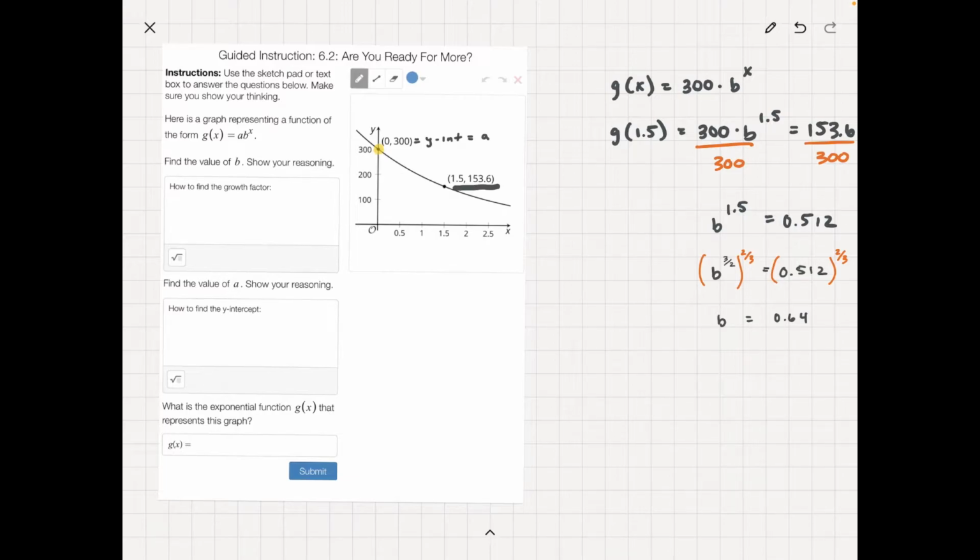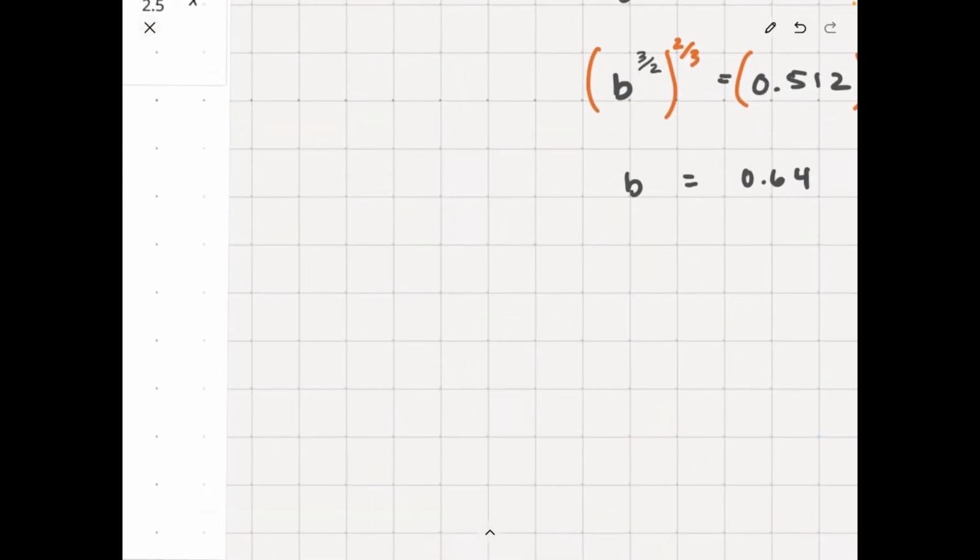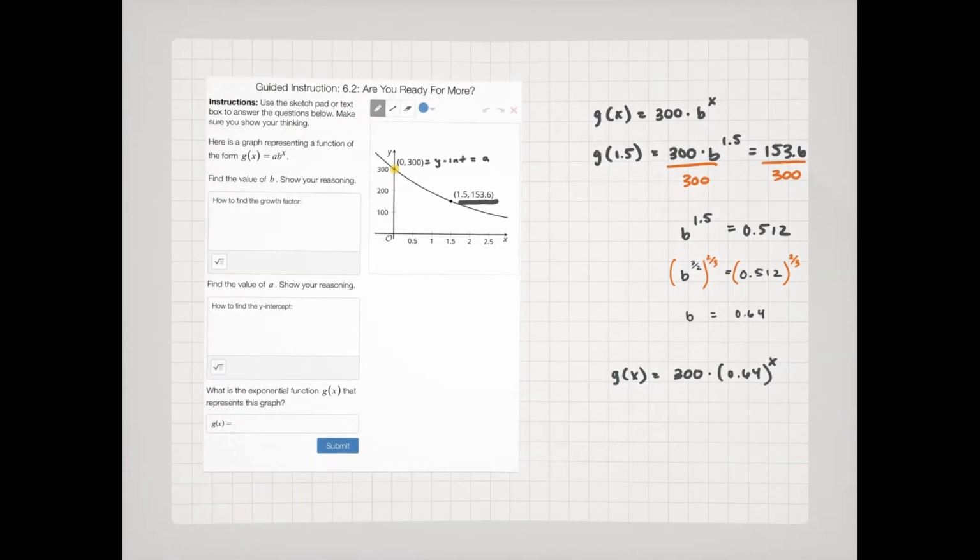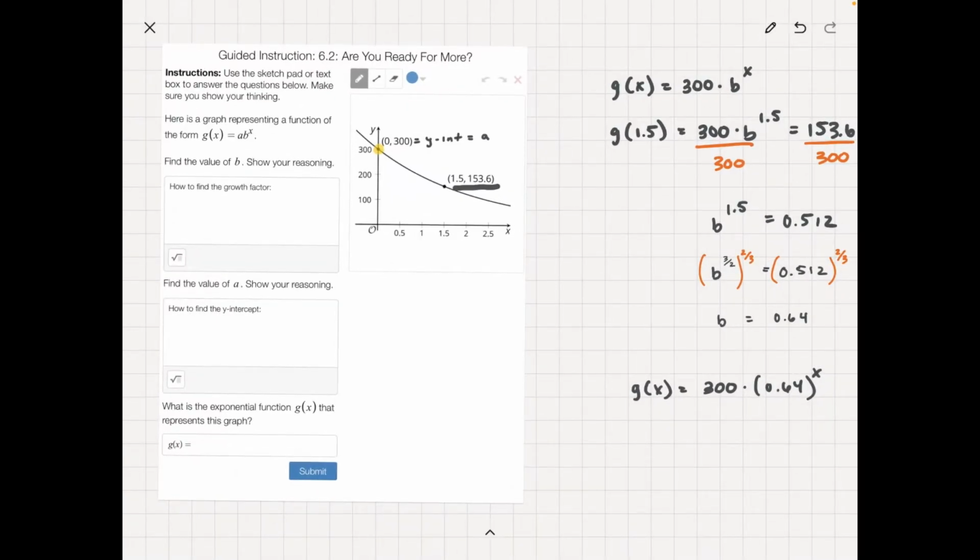Now I know a and b, and so I can finish writing my function. My function is going to look like this: g of x is equal to, a was 300, times b, which was 0.64, raised to the x power. Okay, so there's my work there that shows all my steps on how to solve for this.